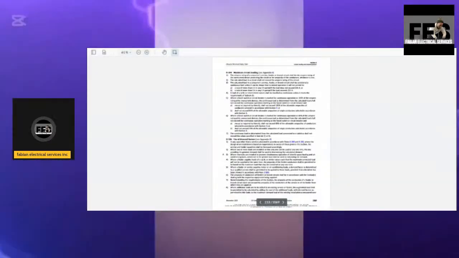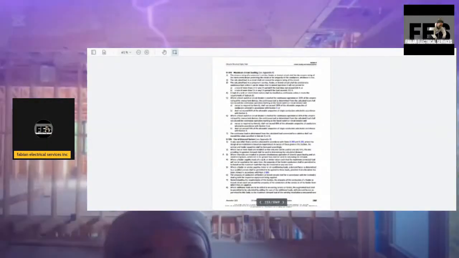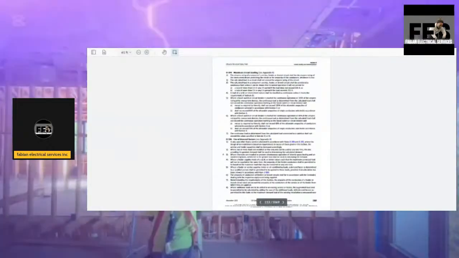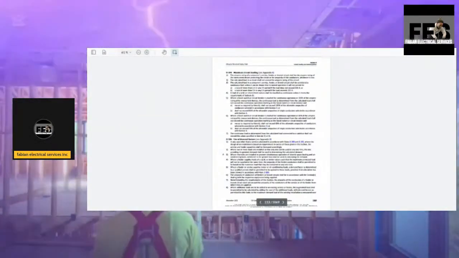A load of cyclic or intermittent nature shall be classified as continuous unless it meets the requirements of Subrule 3.